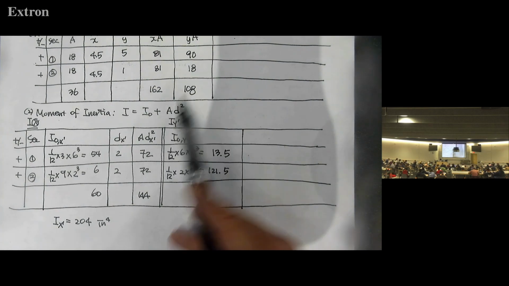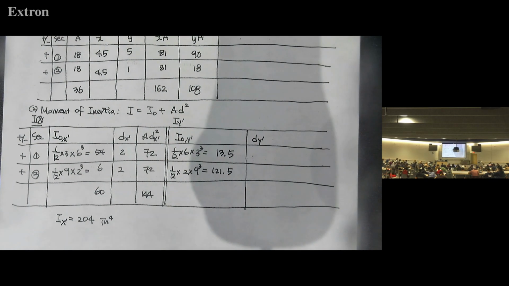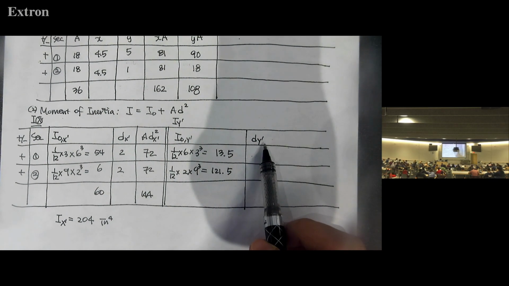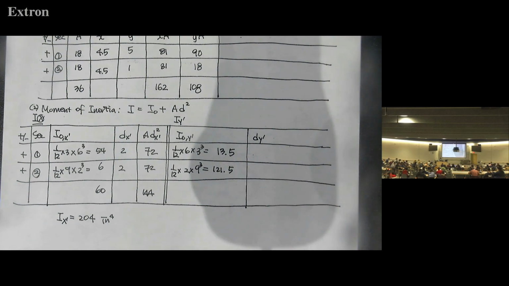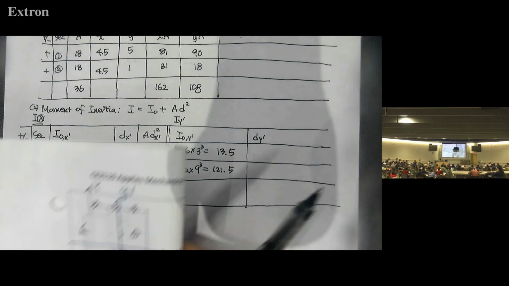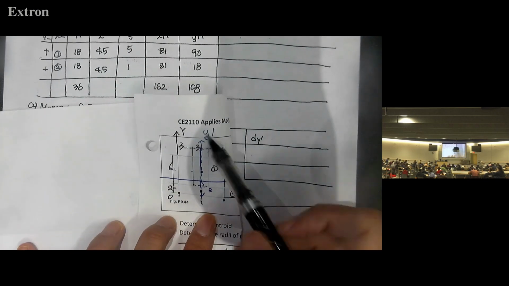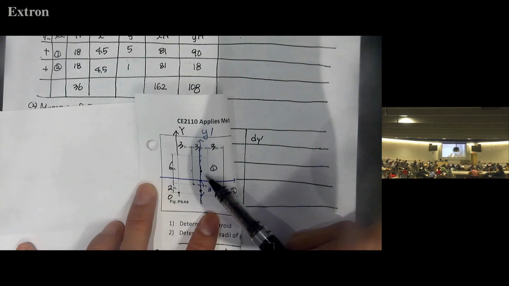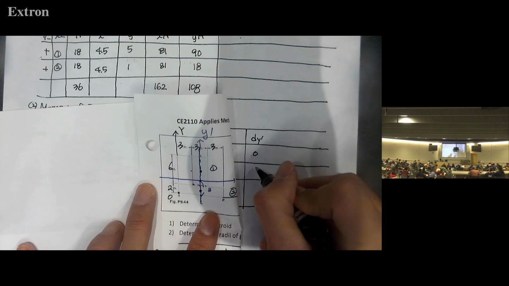And A is the same, and now dy prime. What is the distance between y prime and the centroid of each shape? 0. Great. So I'll show you this figure again. Y prime is this axis, and both centroids are on this y prime. So that's why dy prime is 0.